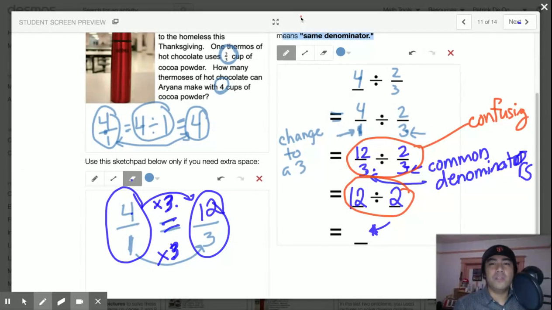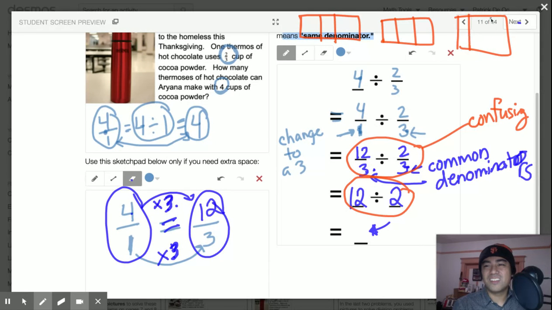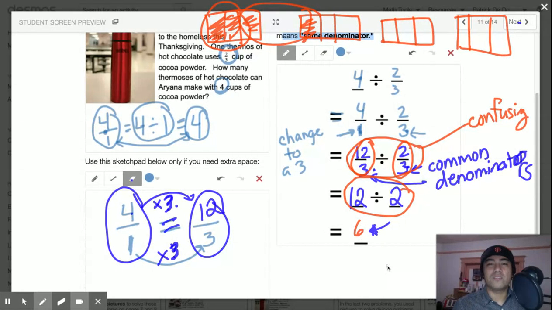I would literally figure out a drawing where you would draw 12/3, and then figure out how many 2/3 are in 12/3. Is it really 6? Because that would be the answer for that. Okay, so think about that one, okay?